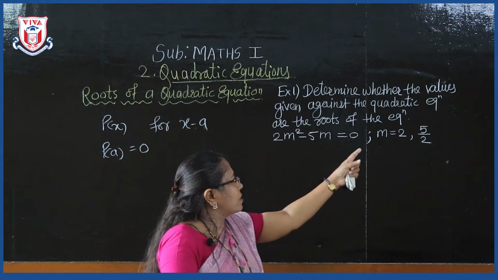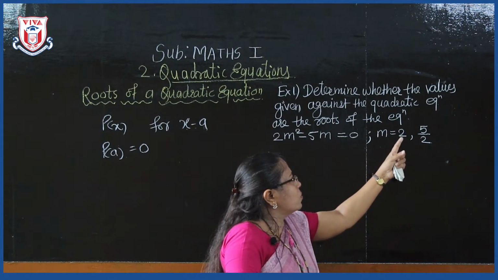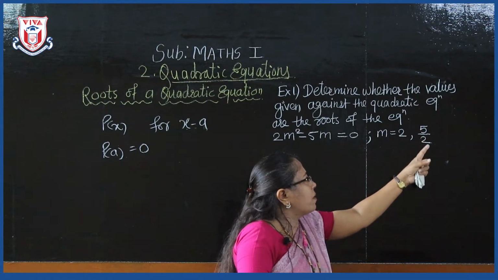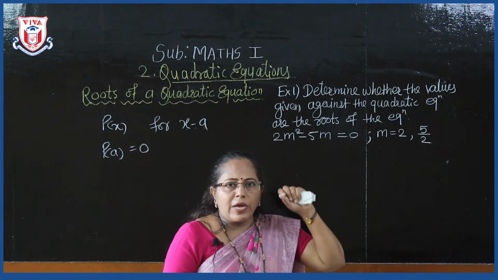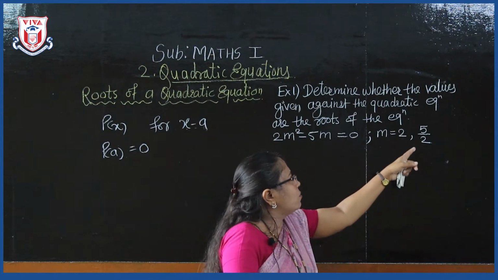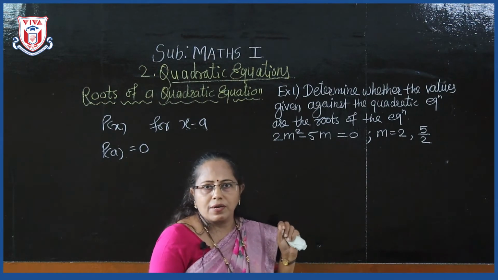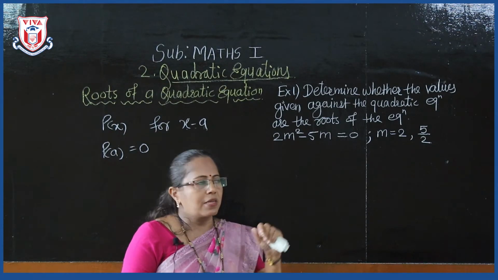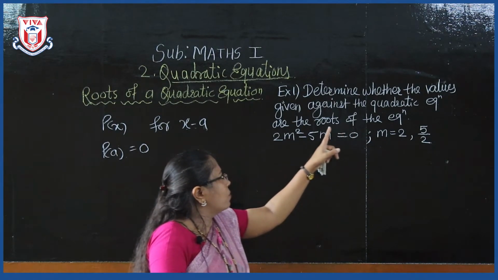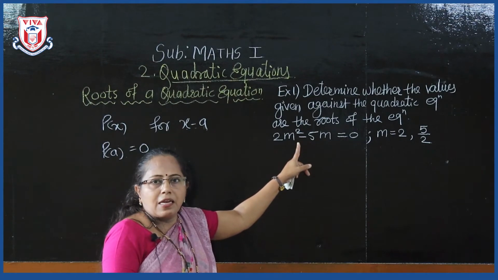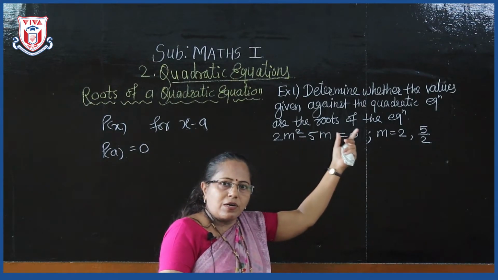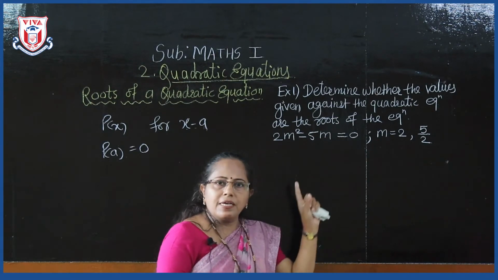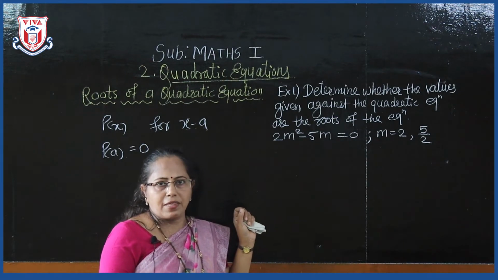And the values given are m equal to 2 and m equal to 5 upon 2. We have to decide whether these values are roots of the equation or not. We just now studied the definition of roots. If you substitute this value in this equation and get left hand side equal to right hand side, then we can say that this value is a root of the equation.